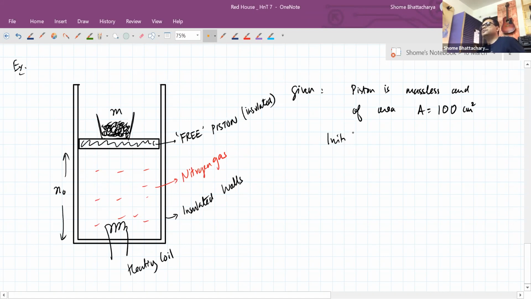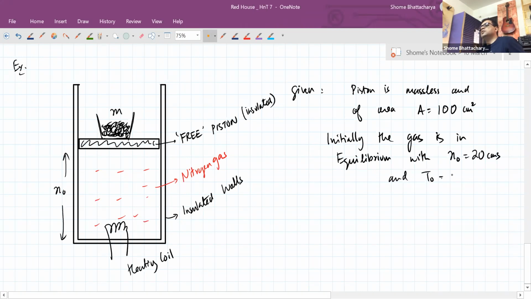Now initially the gas is in equilibrium, that is the piston is in equilibrium with x naught equal to 20 centimeters, and the temperature of the gas equal to 100 Kelvin.